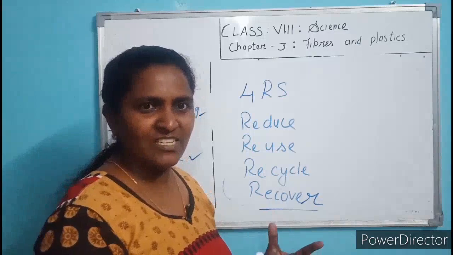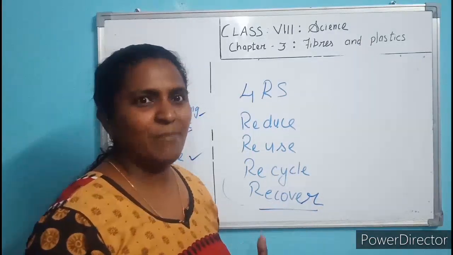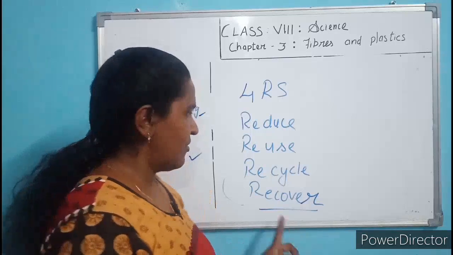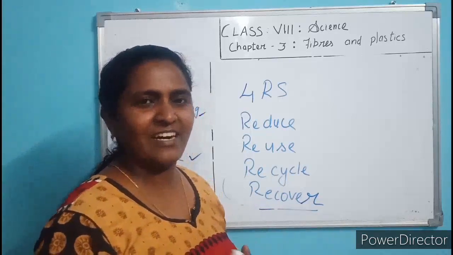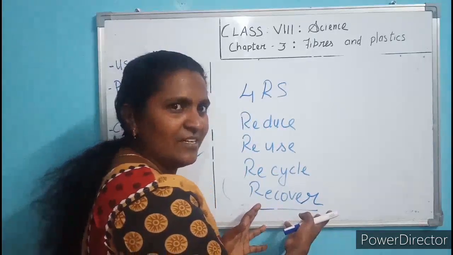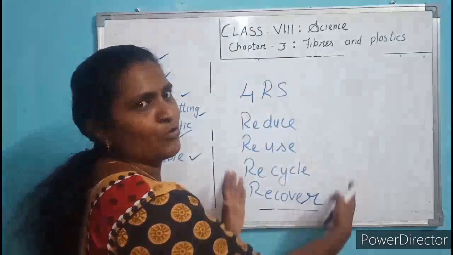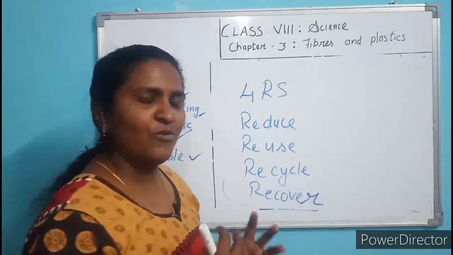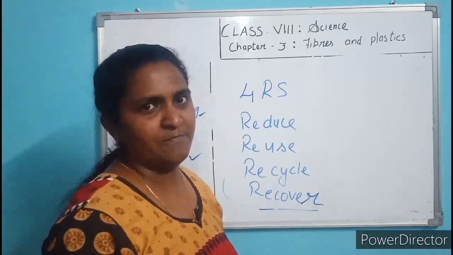Vegetable peels and such matter, we can make into compost, that is manure. Otherwise we can convert some solid waste into electricity. So like that, we can go for recovering the materials. We try to follow these 4Rs so that we can save our environment.